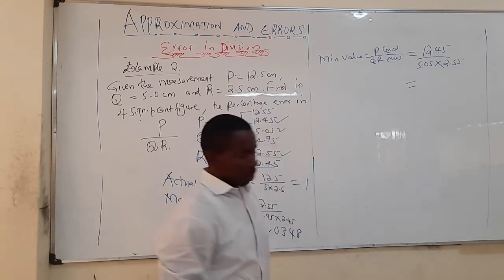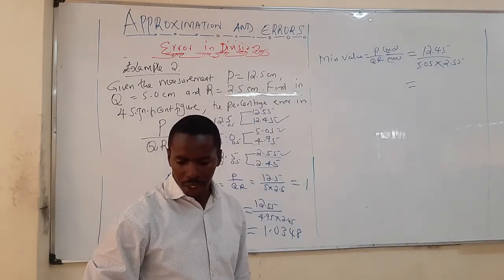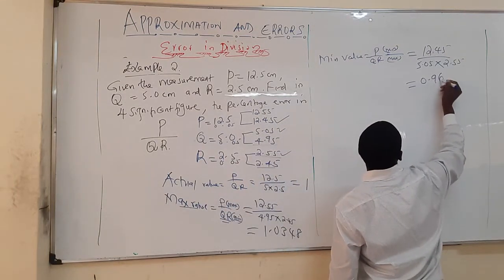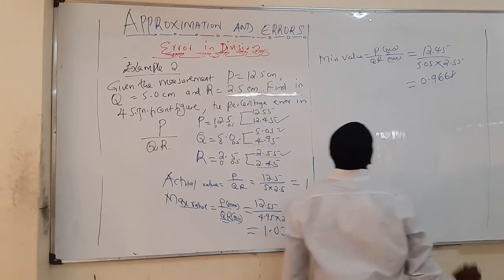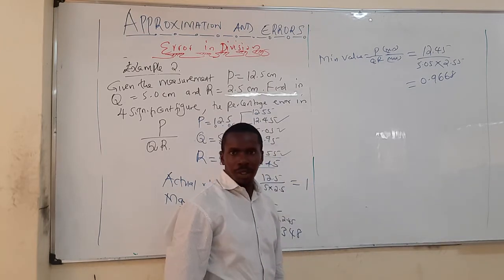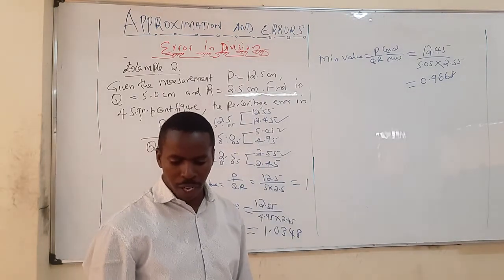And that one we are going to get 0.96668. So that is our maximum value and the minimum value.